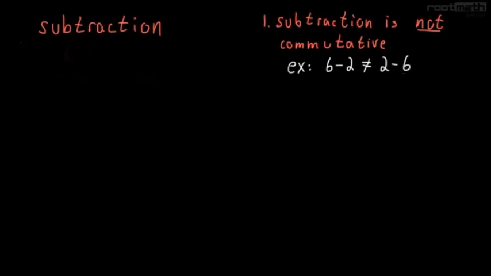There's other things wrong with subtraction. For instance, subtraction is not associative. So an example of that would be (9 minus 4) minus 1 is not equal to 9 minus (4 minus 1).